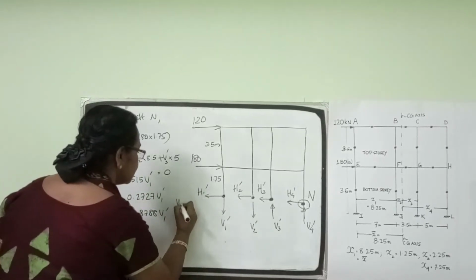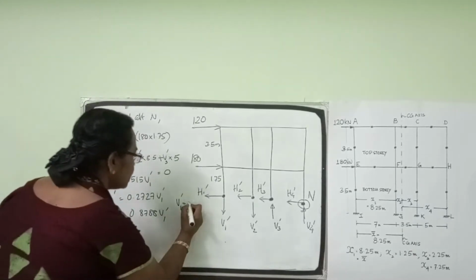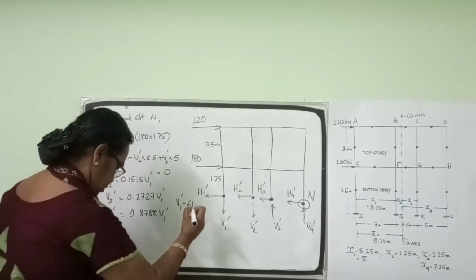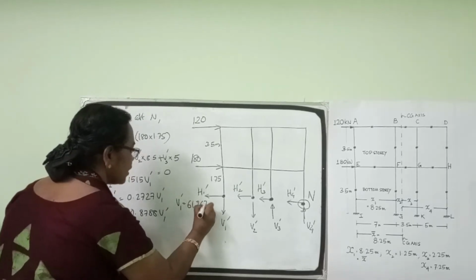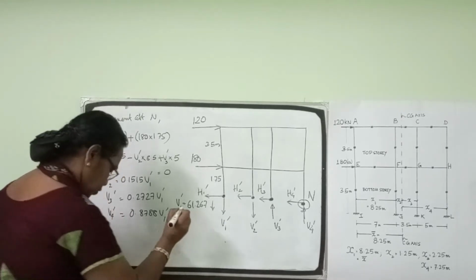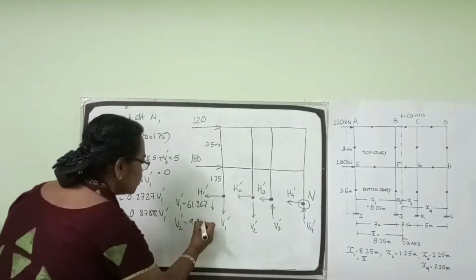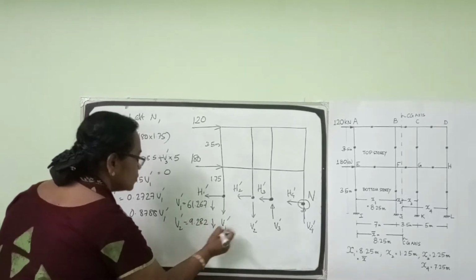V1 dash is equal to 61.267 kilonewton downwards. V2 dash is 9.282 downwards.